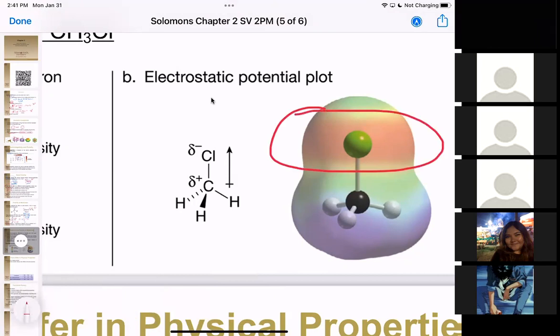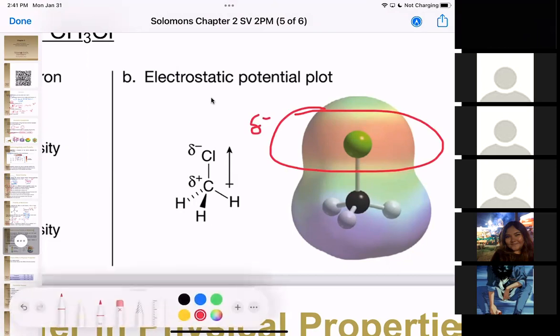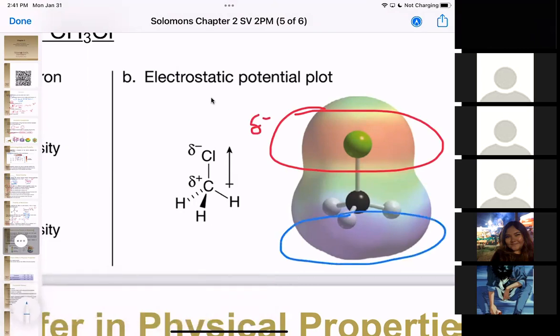There's more electron density in this zone because the chlorine is pulling more electron density toward it. So it's partially negative. Now, the other side of my molecule is right here, and this is partially positive.